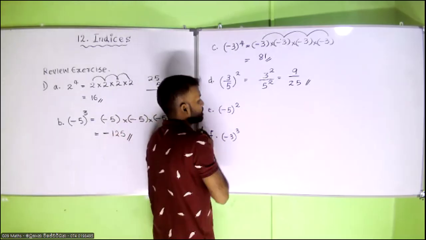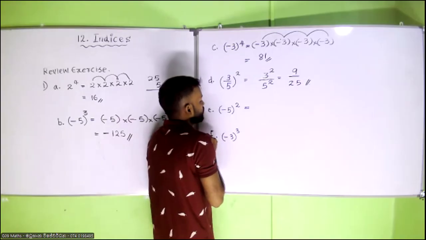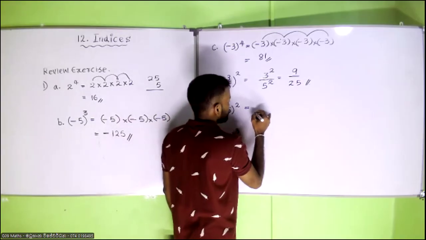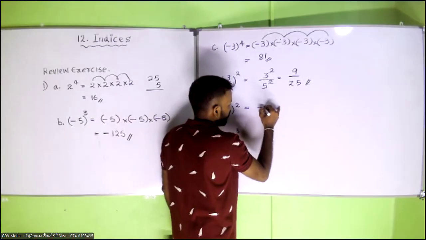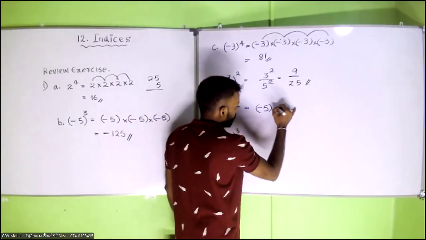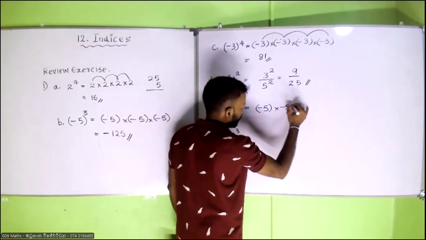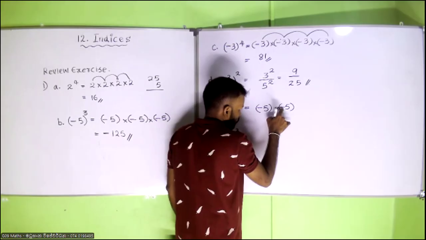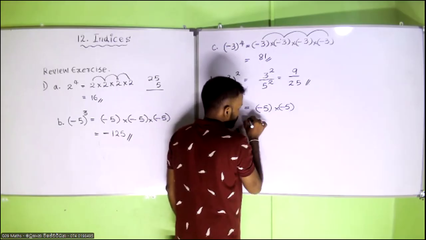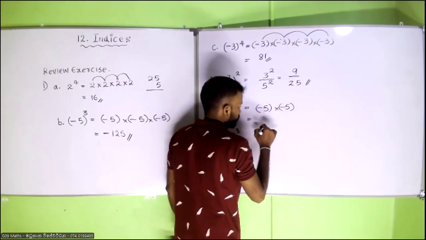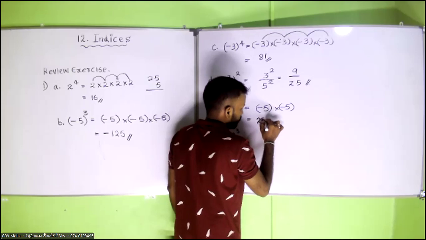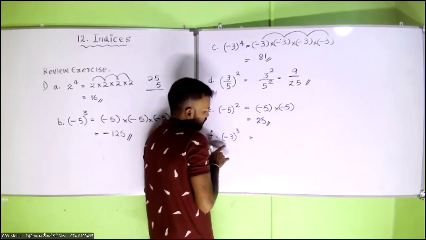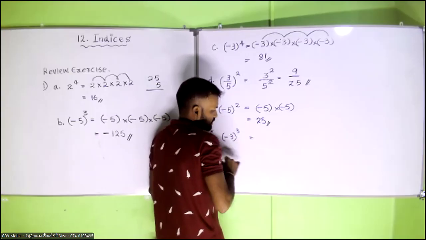Then -5 to the power 2. -5 multiplied by -5. Negative into negative, positive. 5 times 5, 25. Done. Then -3 thrice.